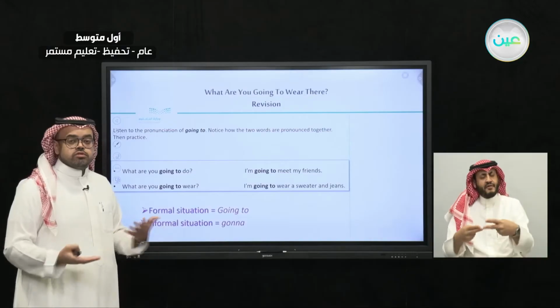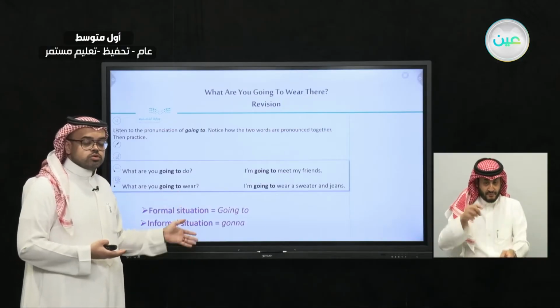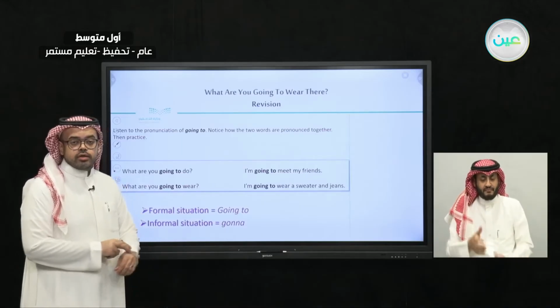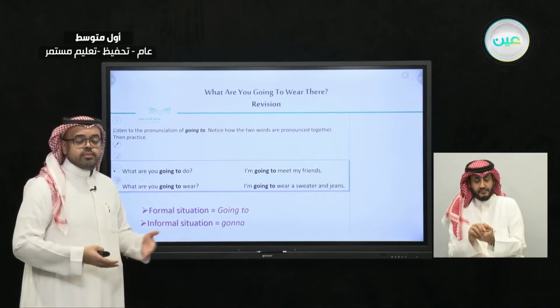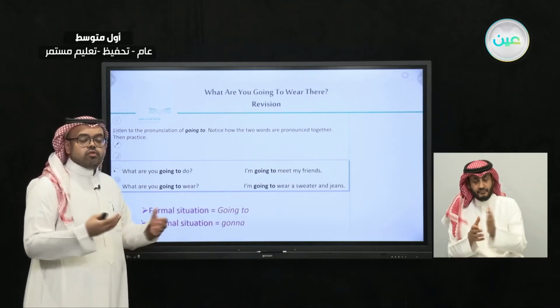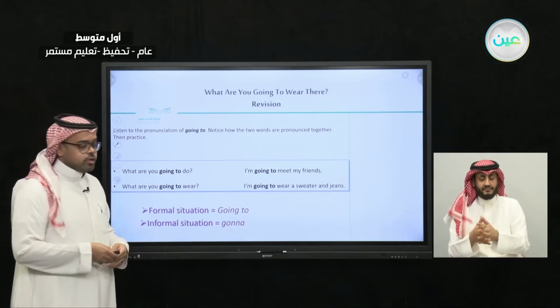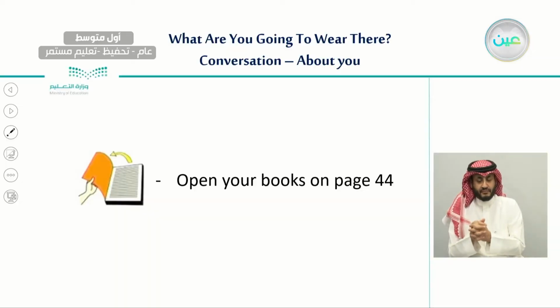So this is the difference: we use "going to" in formal situations, when talking to people you met for the first time, and we use "gonna" in informal situations, with friends that you know or a family member.